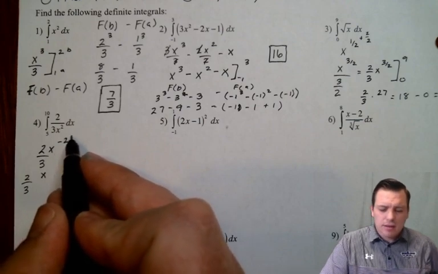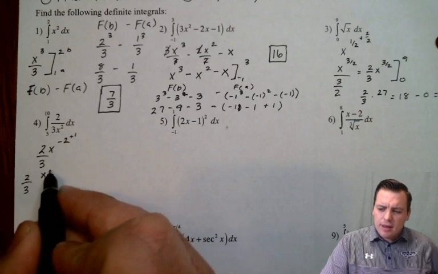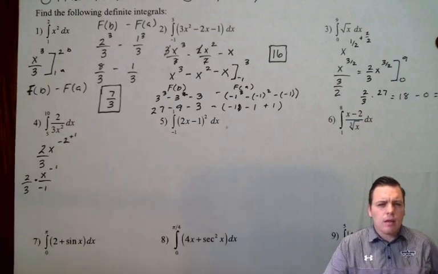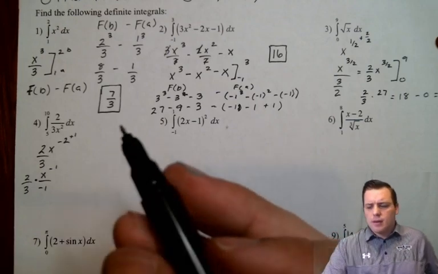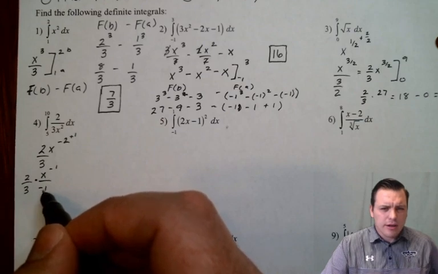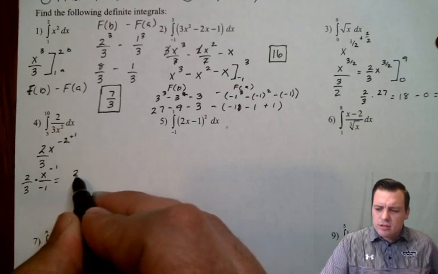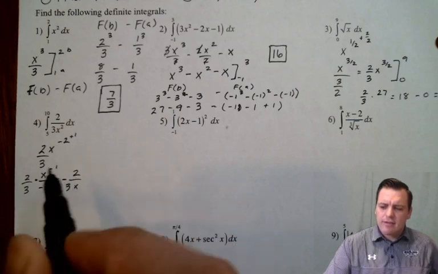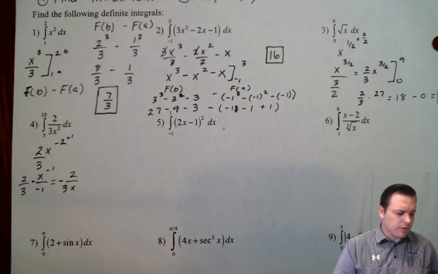So when we add 1 to the exponent, we get x to the negative 1 over negative 1.